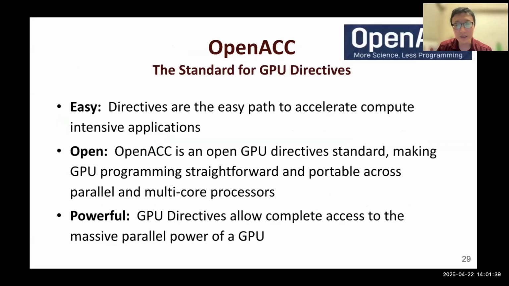OpenACC is a standard. Again, I'm not sure about its current level, international or ISO. But it's very easy to use, and it's open for community programming, and there are multiple compilers already supporting OpenACC as well. I believe GCC also has OpenACC support partially, not the latest full version.